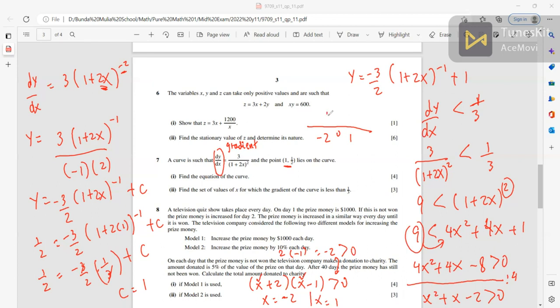So it should be going there. We must not touch the 0 value. So the set of values should be x smaller than minus 2, comma, x bigger than 1. That is for number 7.